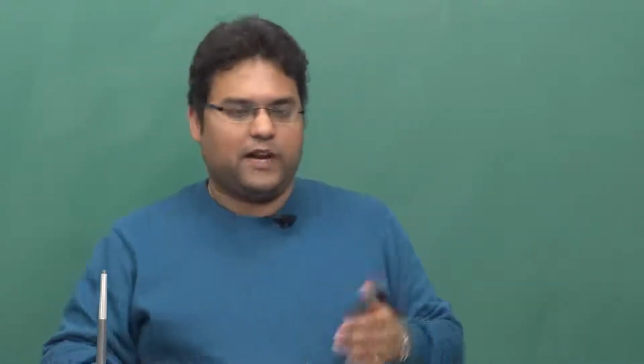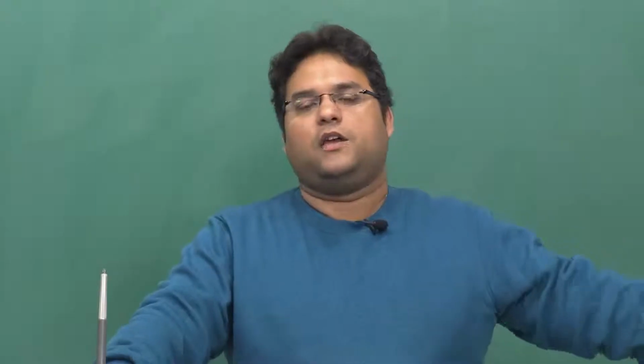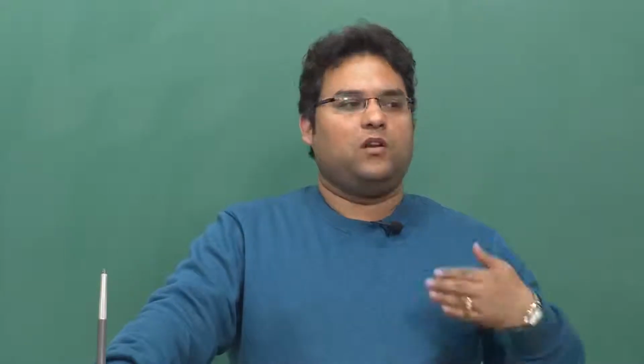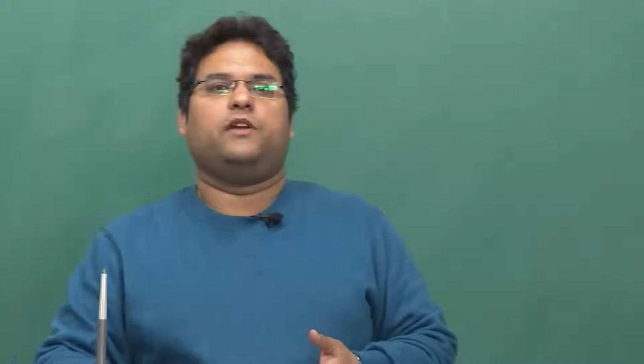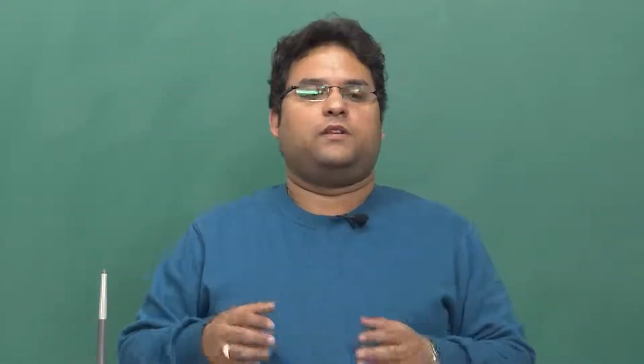Another aspect is that connectionist networks can explain the generalization of learning. In this world, you do not learn about all specific animals. You don't learn about a dog and a cow and a cat separately. You learn about all of them as animals. This is very similar to what is happening in these connectionist networks, because similar concepts have similar patterns.